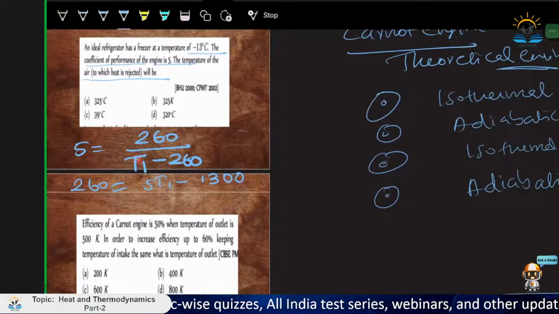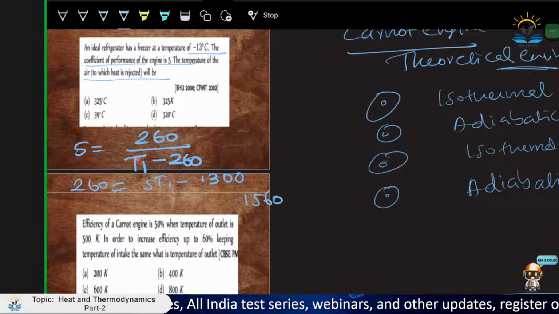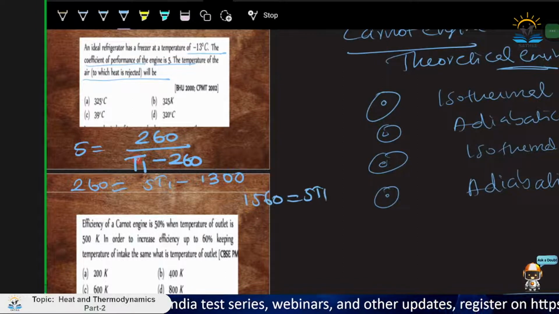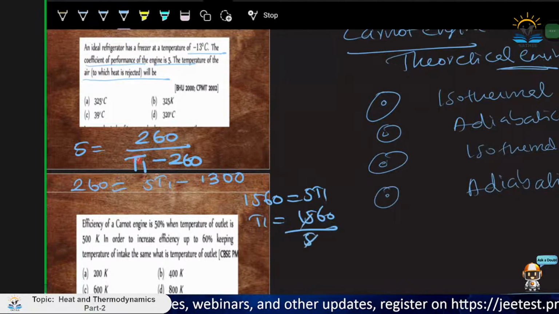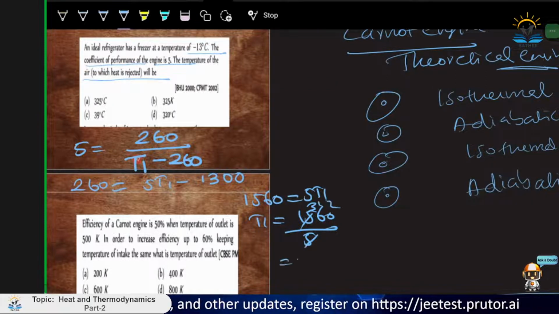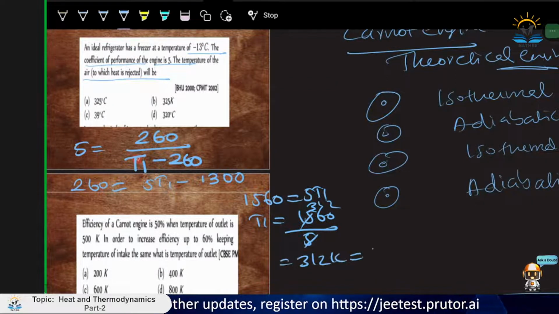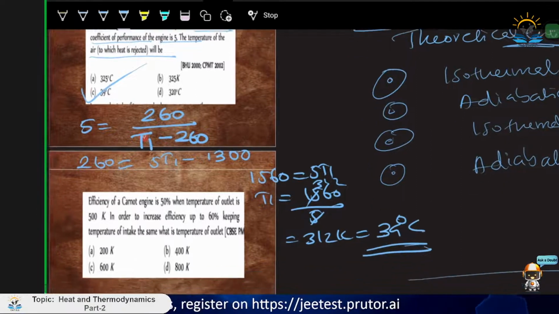So 1560 is equal to 5 T1. T1 is equal to 1560 divided by 5, which is 312 Kelvin, which is equal to 39 degrees Celsius. Yes, we have the option.